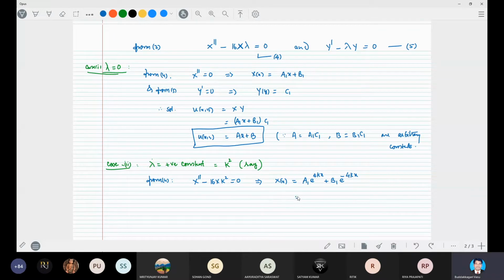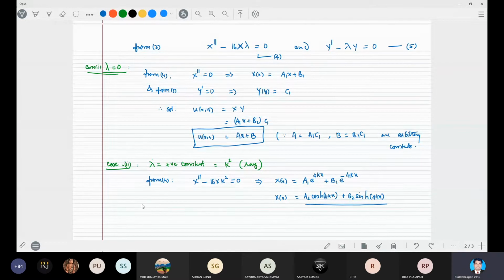Or we can write this one in hyperbolic functions, a2 cosh 4kx plus b2 sinh 4kx, right? This is the solution for this equation.